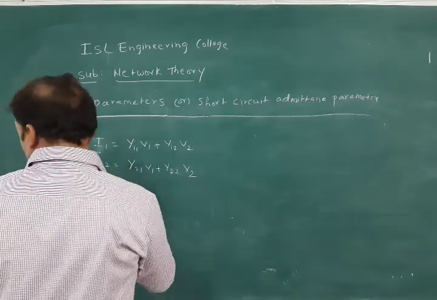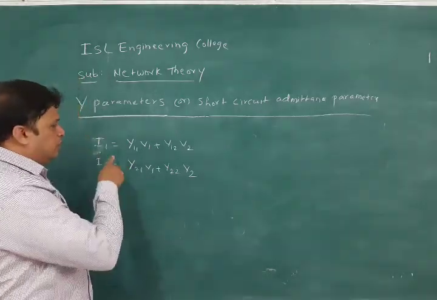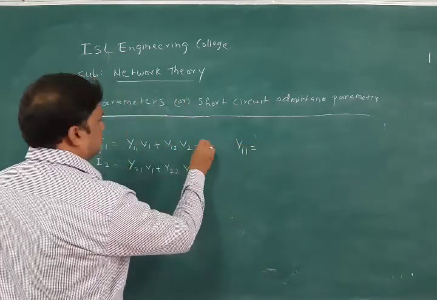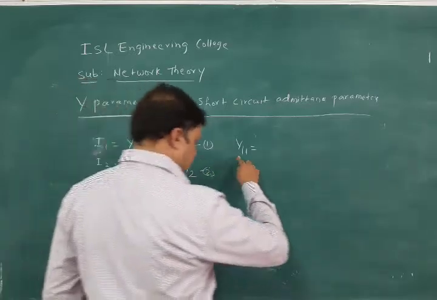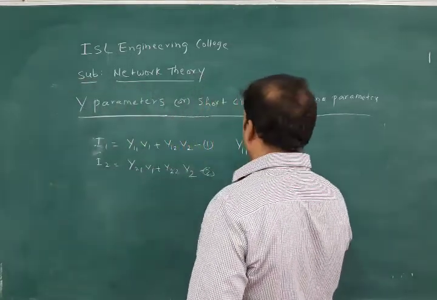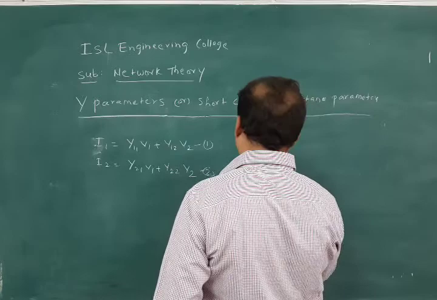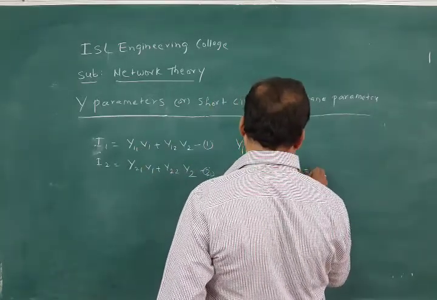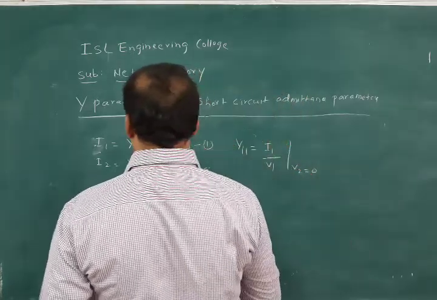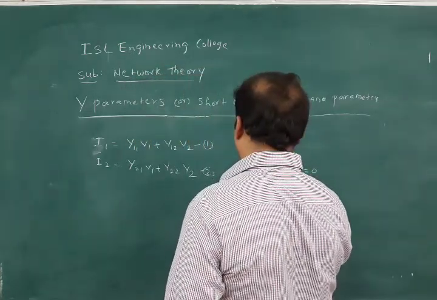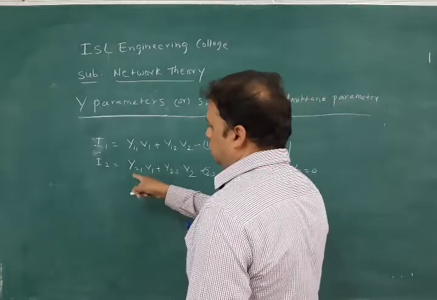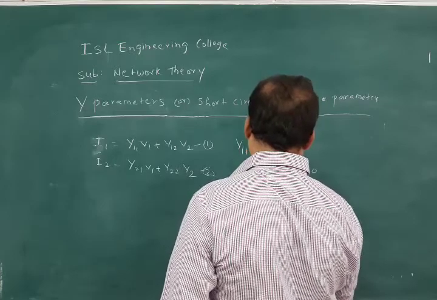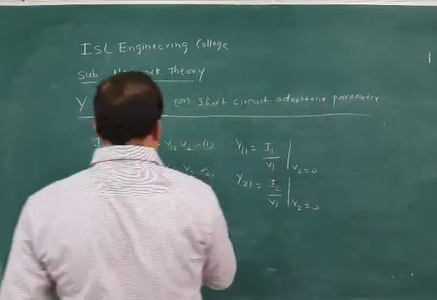Now, if you want to get the value of Y11 from this equation, Y11 is equal to I1 by V1 at V2 equal to 0. Y21 is equal to I2 by V1 at V2 equal to 0.